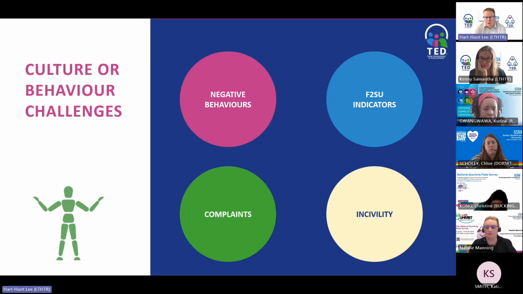Types of teams that we might refer to under this banner might be teams where there's evidence of negative behaviours emerging. Maybe there's a bit of conflict in the team arising. It might also be situations where there are freedom to speak up indicators that are coming from different sources, indicating that there are cultural challenges or behaviour challenges within a team.